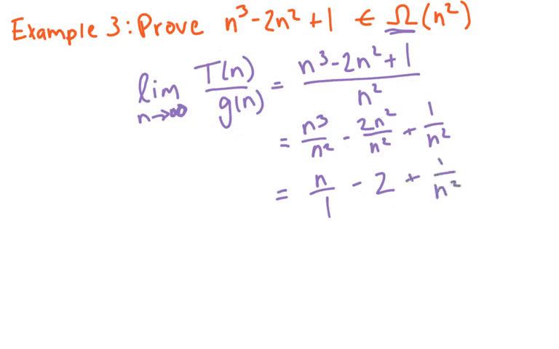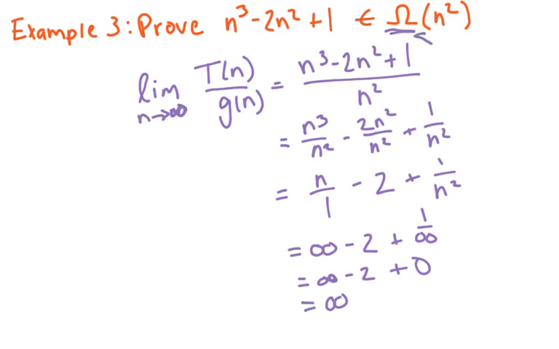Okay, so now we have infinity minus 2 plus 1 over infinity. So infinity minus 2 plus 0. So infinity, really big number. And so we proved that that is actually the case, right?